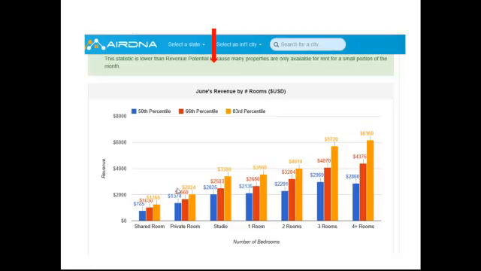But look here, in the studio, you can see the blue, which is basically people in the 50th percentile. I would say that's equivalent to having a C grade. The red bar is for a B grade, and the orange is for an A grade. So just an average Airbnb offering for a studio is bringing in $2,025 per month. That's not bad.